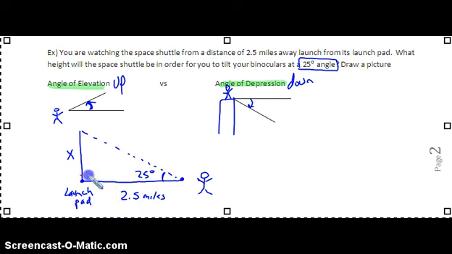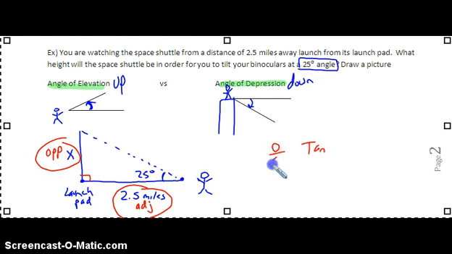Okay, so I've got my right angle here. And again, the question is asking me to find this side, the opposite side from the 25 degrees, when I know the adjacent side. So I know that the trig function that I have to use would be tangent. So tangent is opposite over adjacent, so tangent of my angle, 25 degrees, would be x over 2.5.